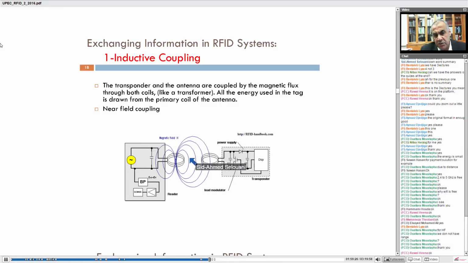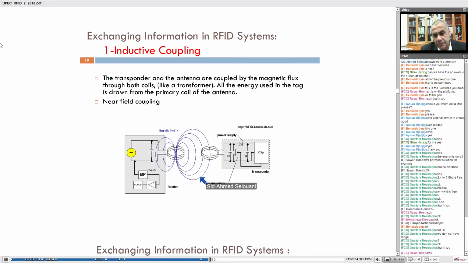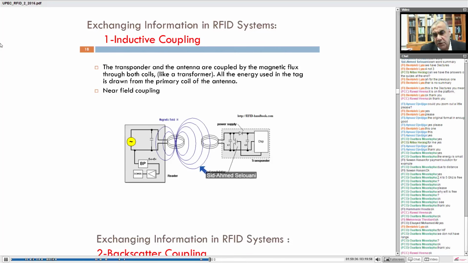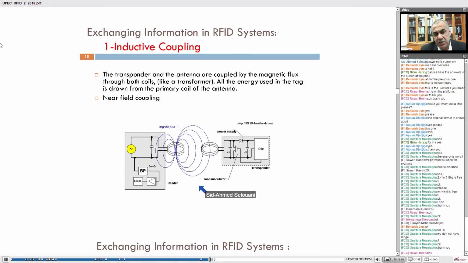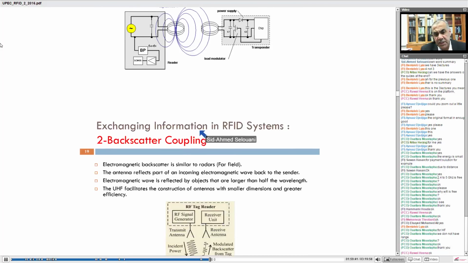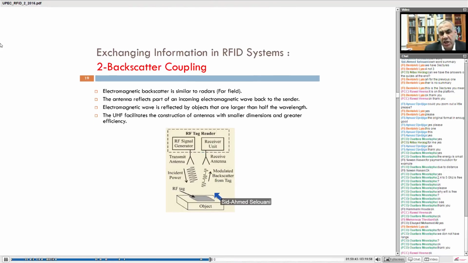The transponder, which is the tag, and the antenna of the reader are coupled by the magnetic flux through both coils. All the energy used in the tag is drawn from the primary coil of the reader's antenna. So the first method is inductive coupling.